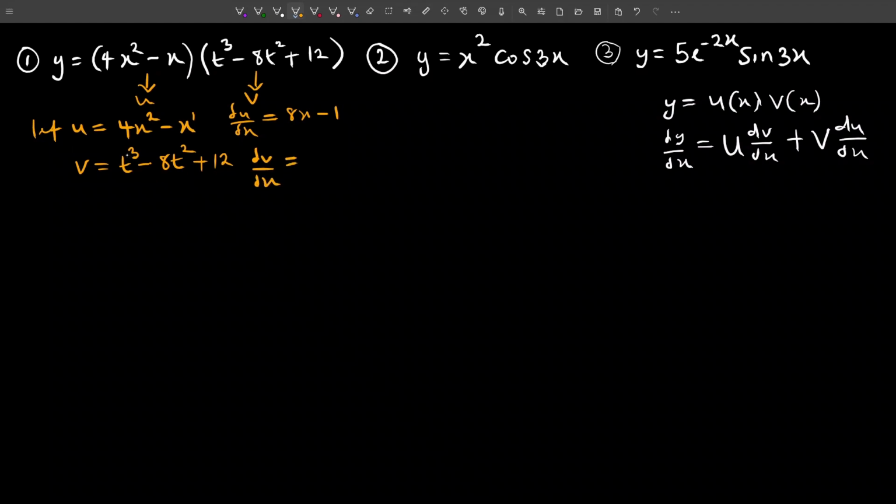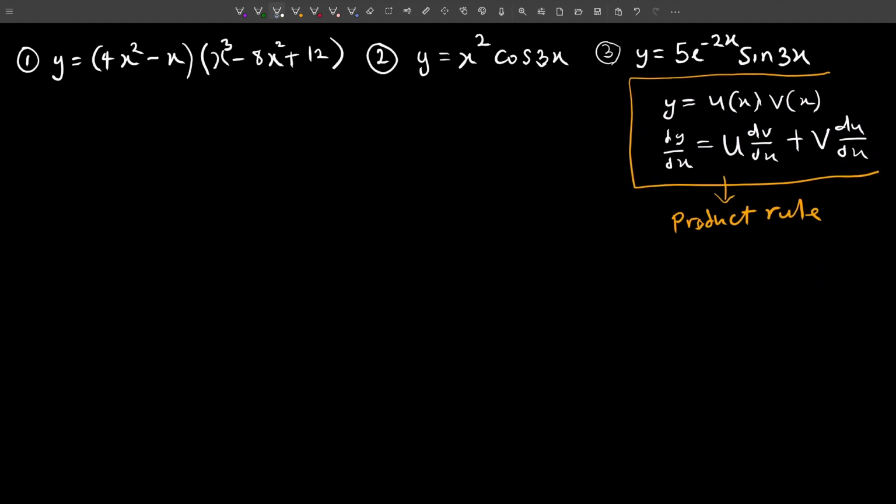dx is equal to, differentiate this, you have. So here we have this function multiplied by this function. So this is like a product because I'm multiplying two different functions. The product rule says that if you're multiplying two functions, you use the formula u dv/dx plus v du/dx.